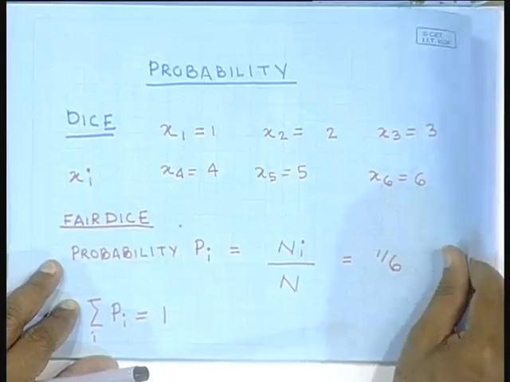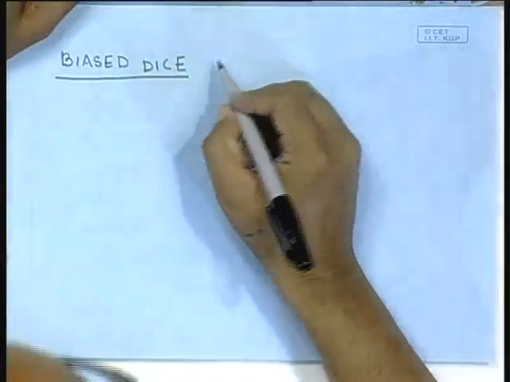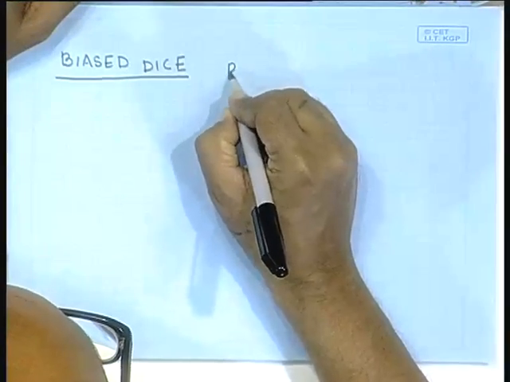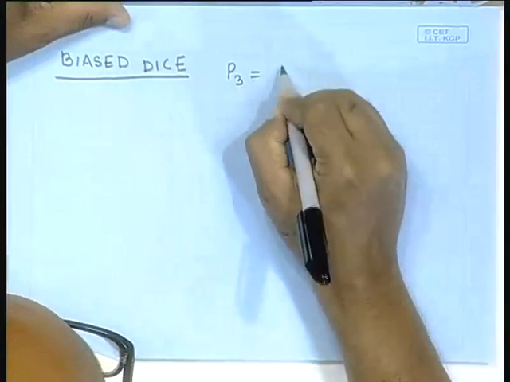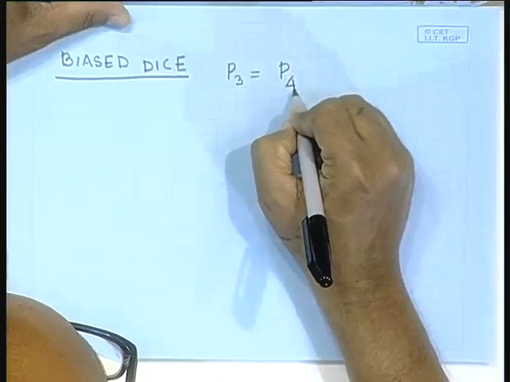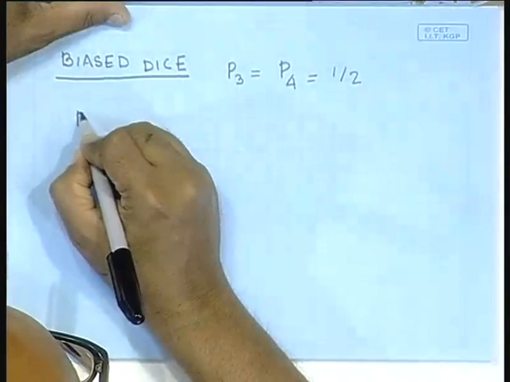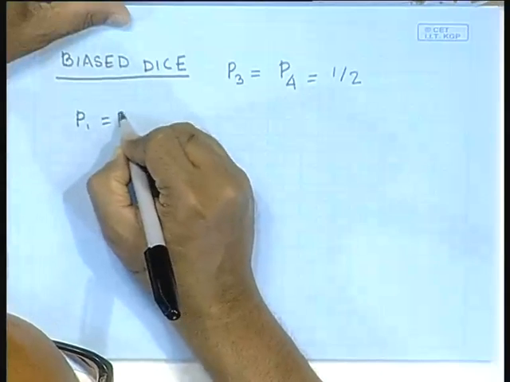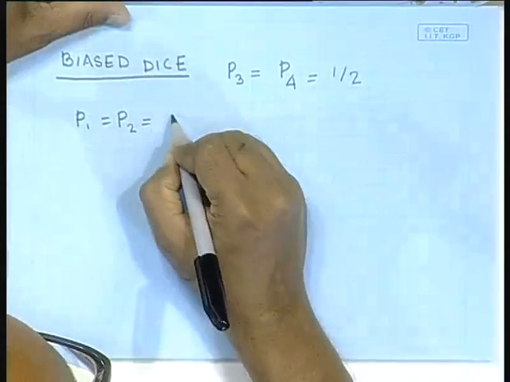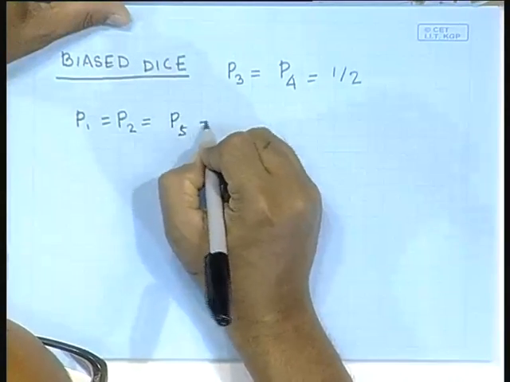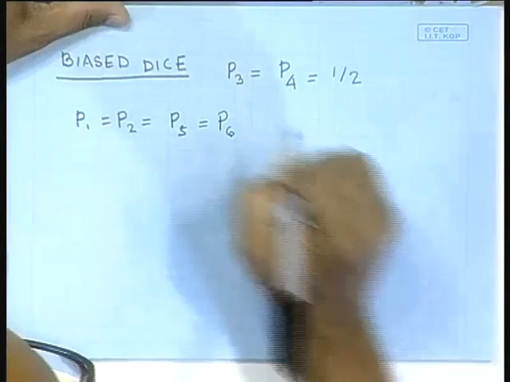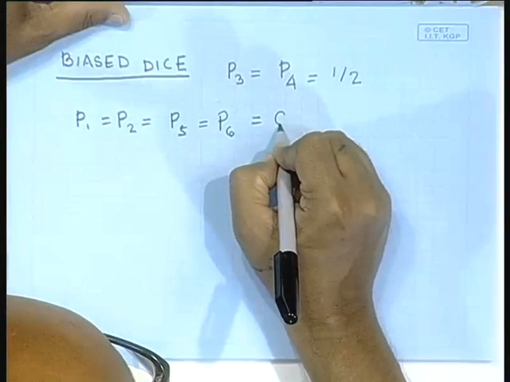So, in this particular case, for the particular biased dice that we are dealing with, the probability of 3 is equal to the probability of getting 4 and these are both equal to half. Probability of 1 is equal to the probability of getting 2 is equal to the probability of getting 5 is equal to the probability of getting 6, and all of these are 0.